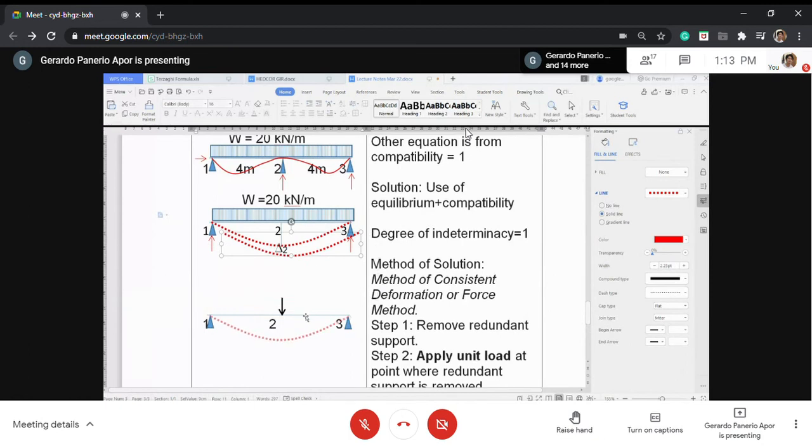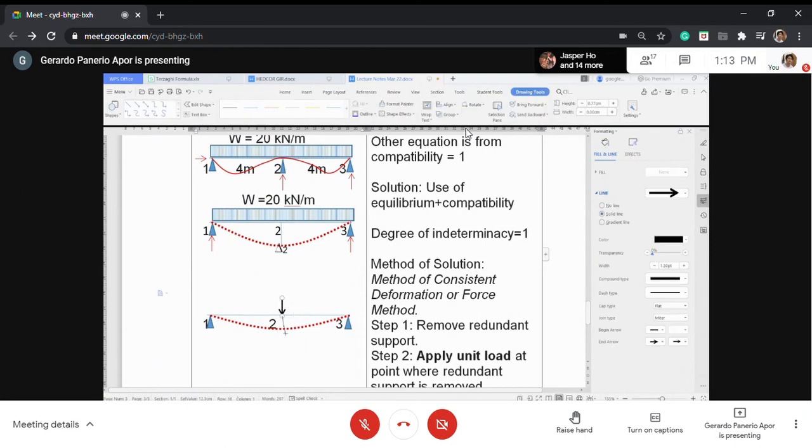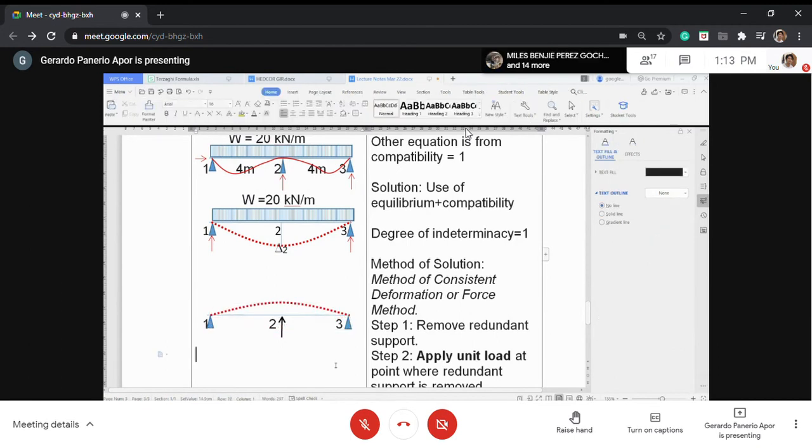Ingana imong depiction, no? Pero kung imo siyang balihon, dito si ingon na ang wani mo. So ang imo siyang depiction will be like this. Like that. Okay? So whichever you think, no? We'll just say like this. So this one is a unit load. That's a unit load. You say unit load.